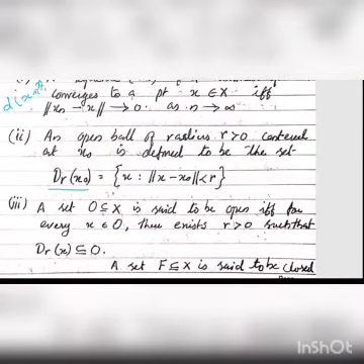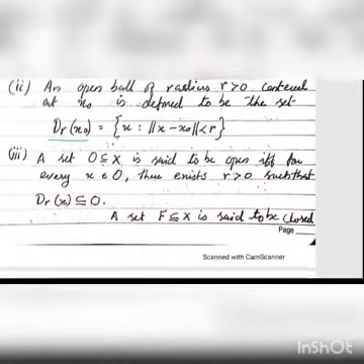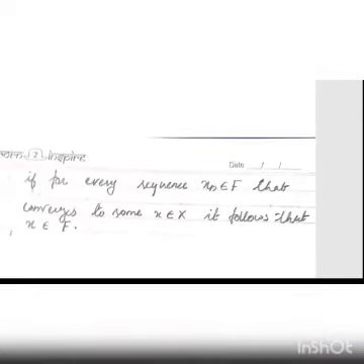And here is its complement. F, a subset of X, is said to be closed whenever its complement is open.